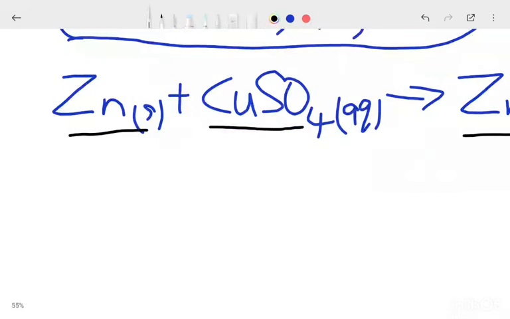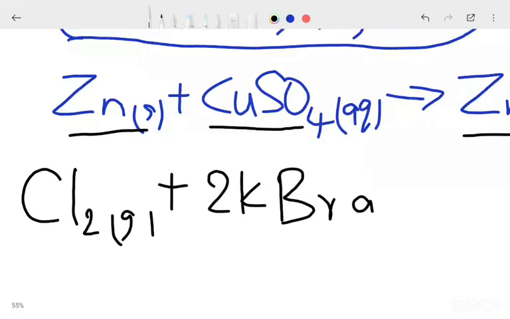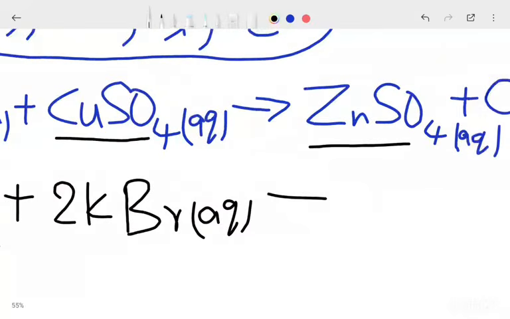And also chlorine and potassium. Now let me give you this one. Chlorine is an electronegative element, reacting with potassium bromide in aqueous solution.